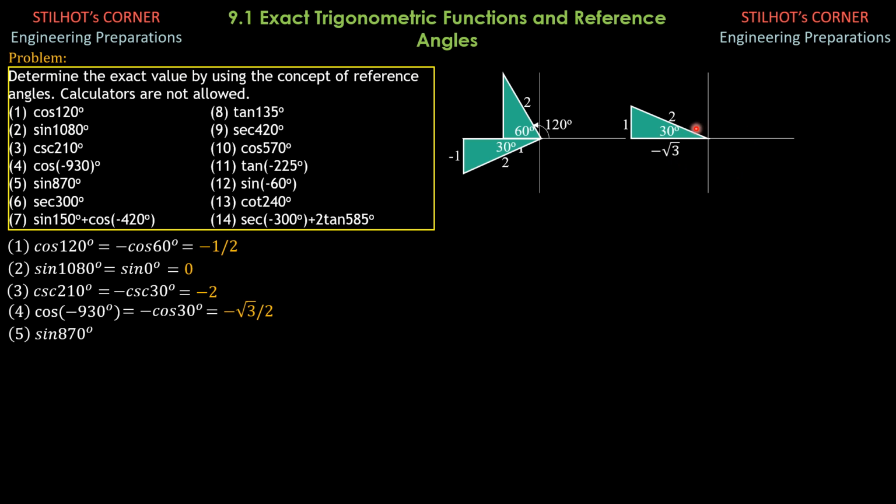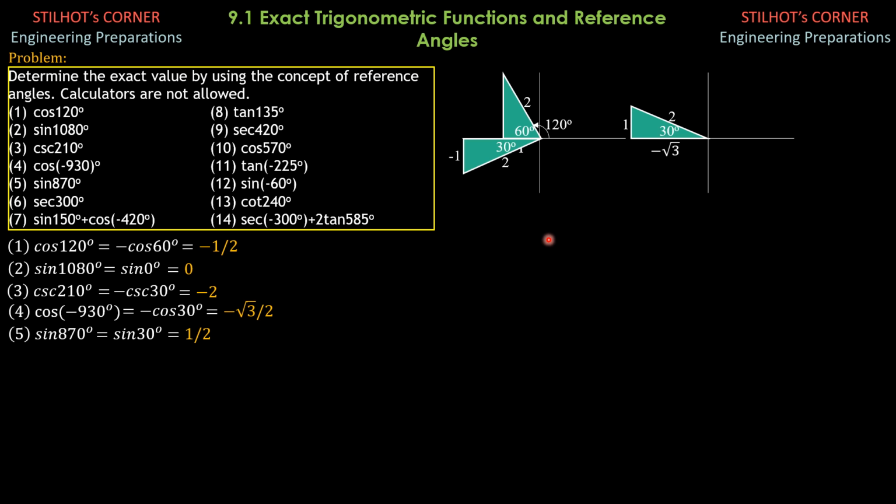But since sine is opposite over hypotenuse, opposite is 1 because it is in the second quadrant. Hypotenuse is 2, so it is like sine of positive 30, so it is 1/2.